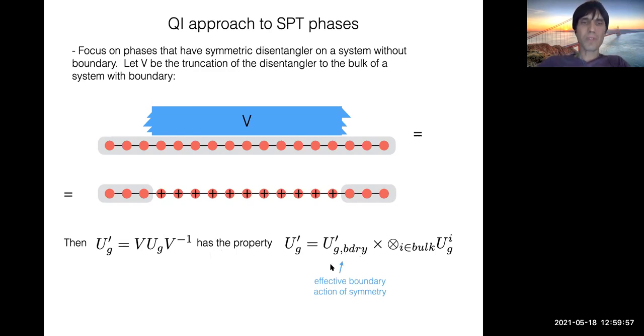So this is a way of formalizing a very simple idea, which is that if you're in an SPT phase with a symmetric ground state, the bulk is symmetric. The boundary might not be. The boundary might contain gapless excitations or do whatever. Then the global action of the symmetry can be simulated by acting on the boundary, because the bulk is symmetric anyway.